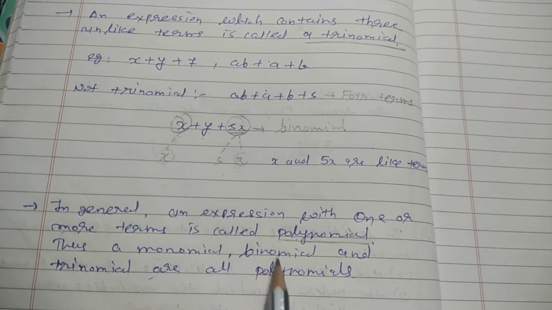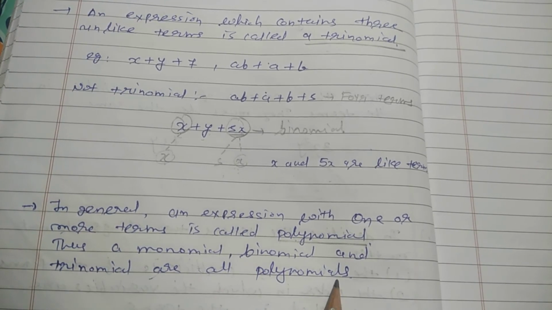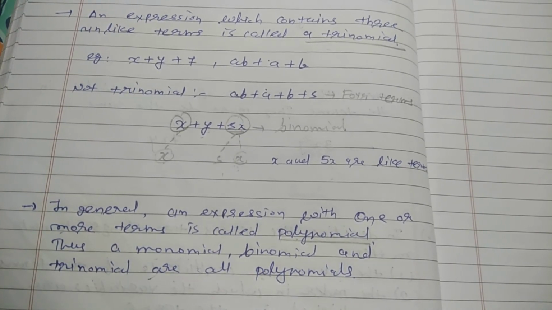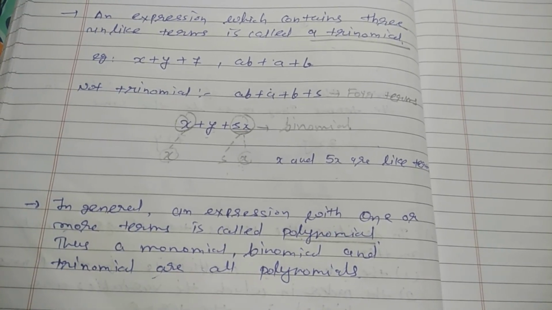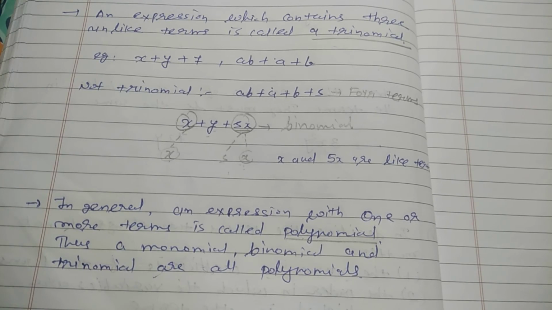The monomial, binomial and trinomial are also polynomials. If one term is there it is a monomial, two terms a binomial, three unlike terms a trinomial, but more than that it is a polynomial, and monomial, binomial and trinomial are also polynomials.